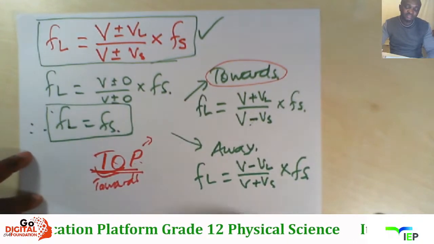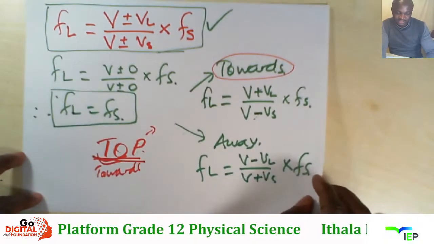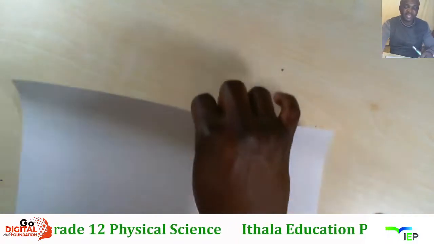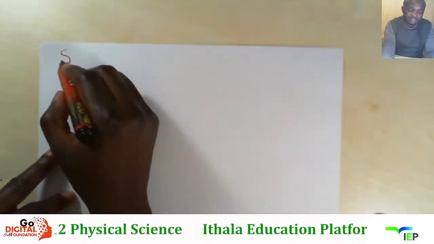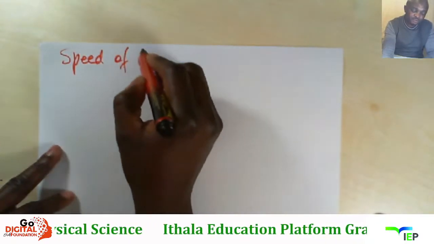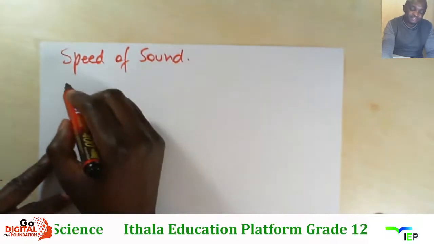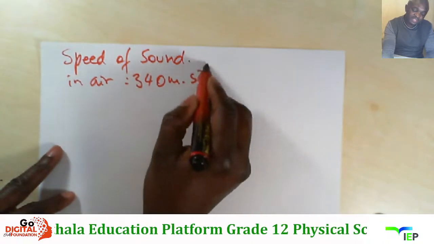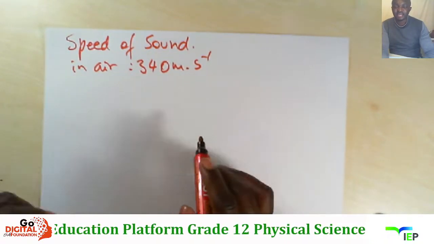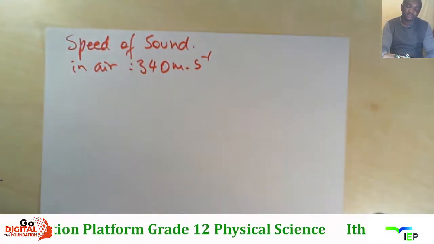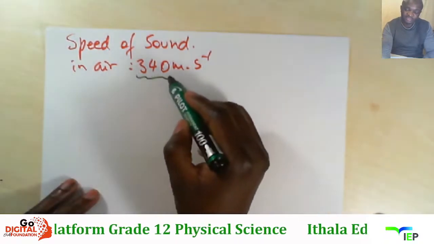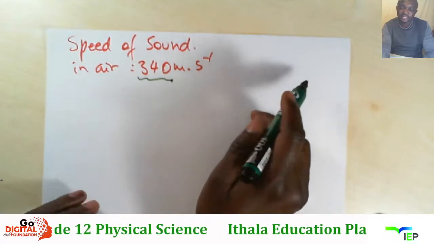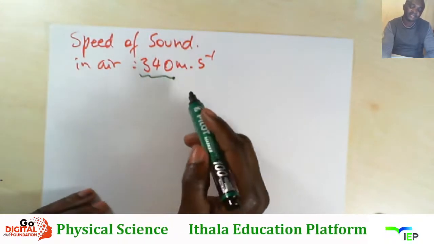Then you will be given the speed of sound. The speed of sound in a medium, most of the time in air, is around 340 meters per second. So anything they will ask you about this wave, you will get something around here, 340, normally 333, around 340 for the speed of sound in air, right?